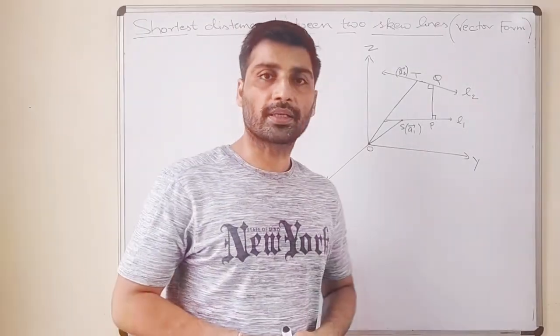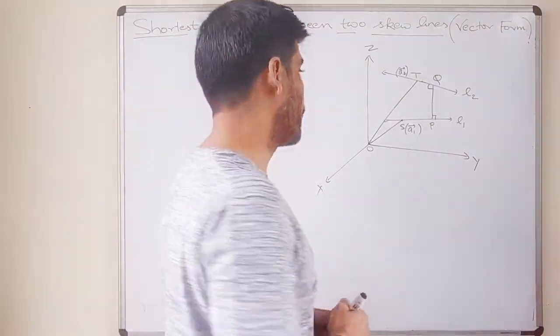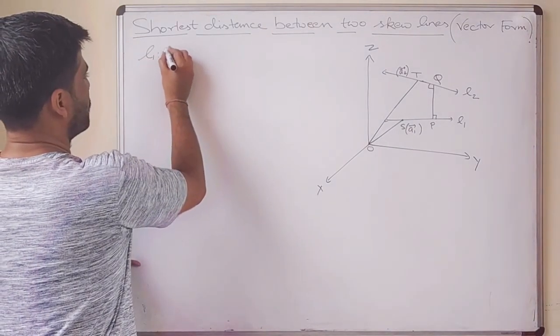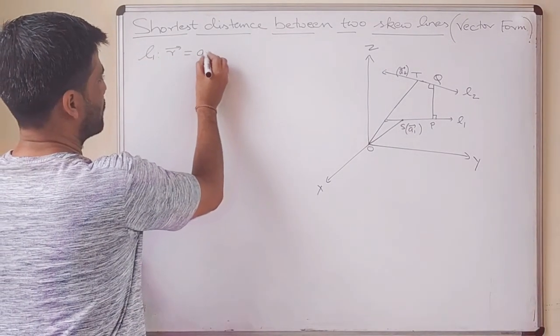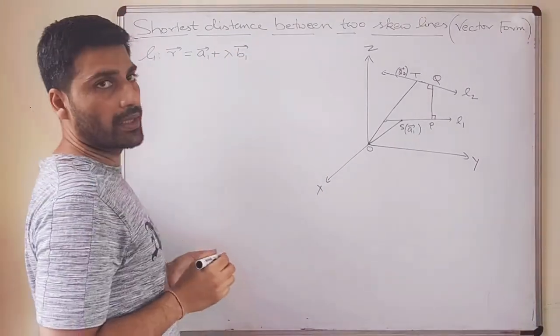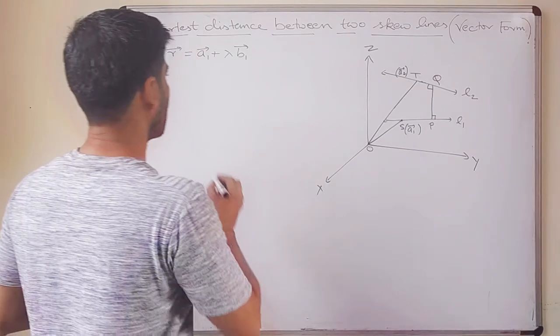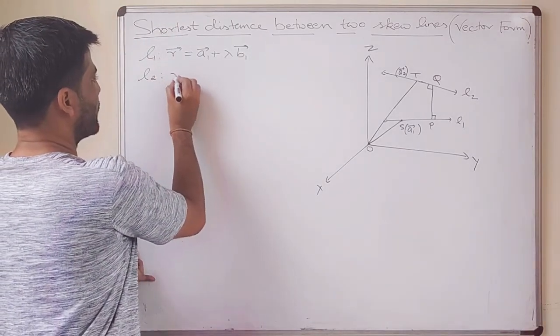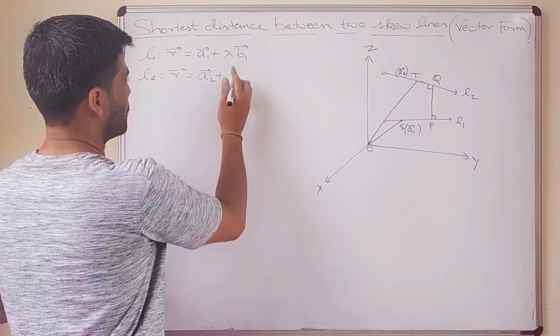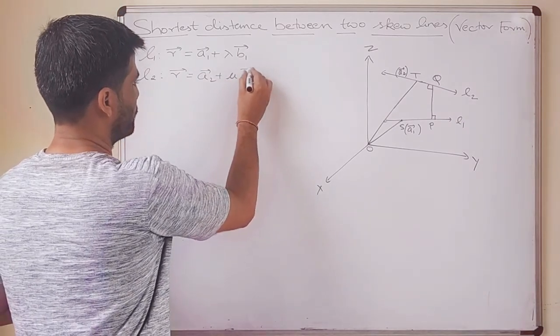But how to find its magnitude? That is the task. Suppose in vector form, line L1 is vector r equals a1 vector plus lambda b1 vector, and line L2 is vector r equals a2 vector plus mu b2 vector.